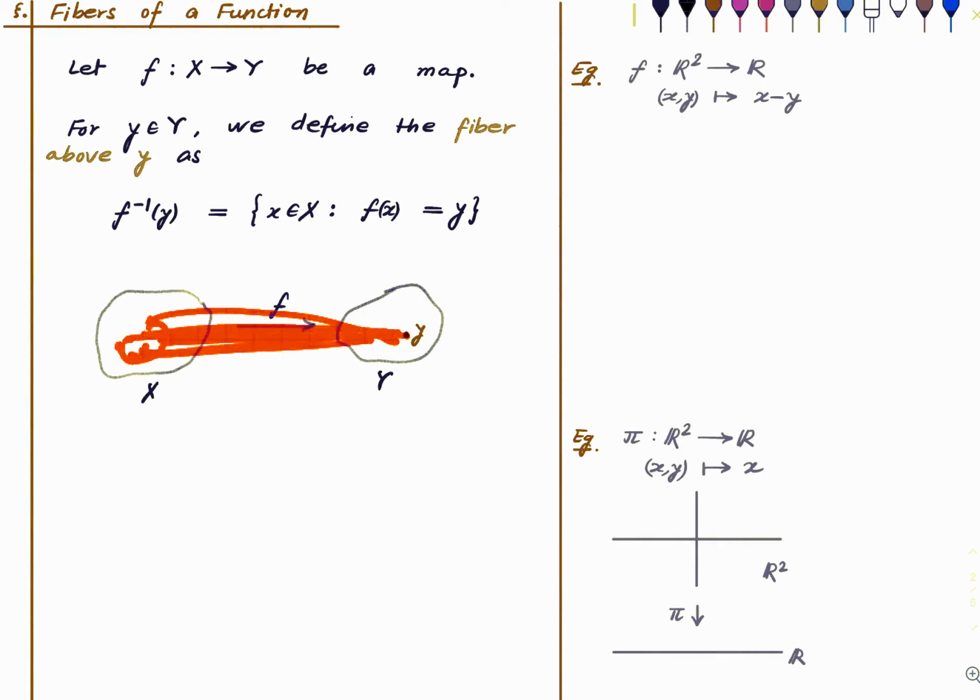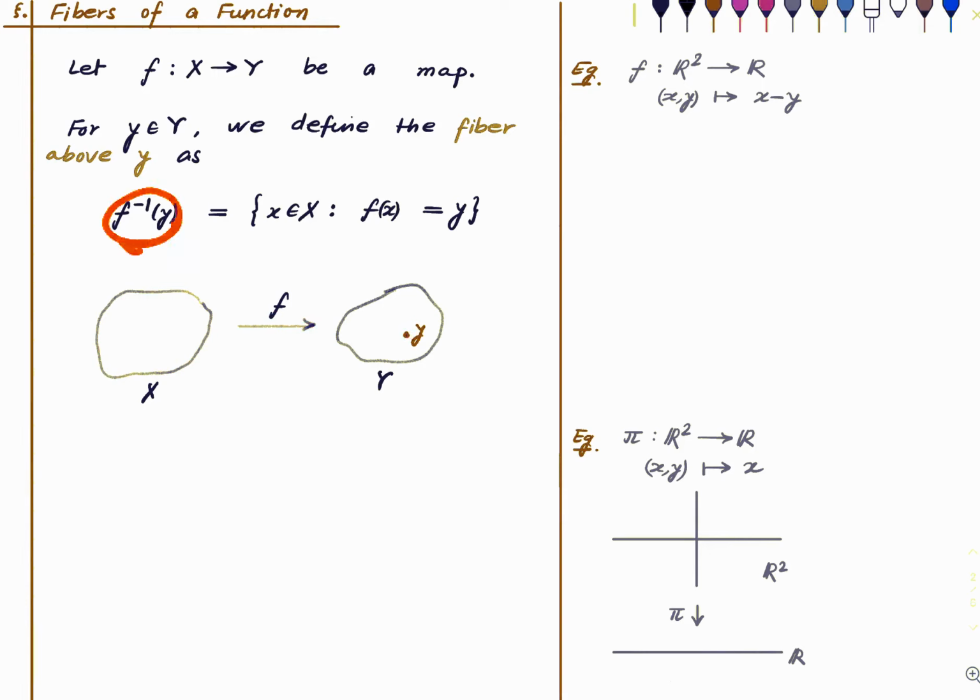It's the collection of points which map to y. This may very well be the empty set because the point y may not be in the image of f at all. This could also be the entire set X, in which case the function f takes only one value, namely the value y. Okay, so very simple definition.